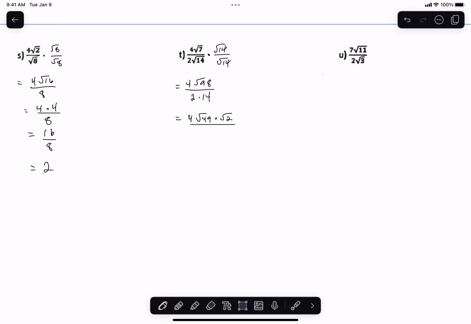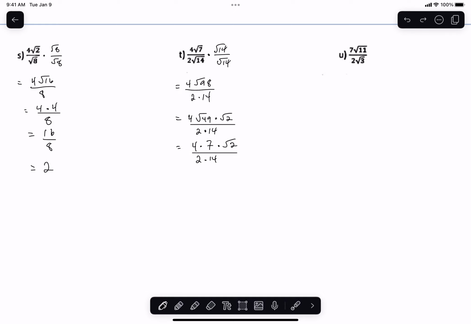Okay, or we can leave it for a second and see what happens. So why don't we leave it for a second? 2 times 14, okay, and we'll see if there's any reduction that can end up happening here. Okay, so I'm going to get 4 times 7 times root 2 over 2 times 14.